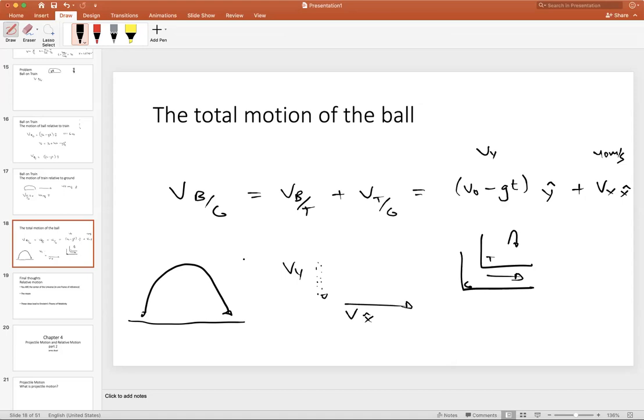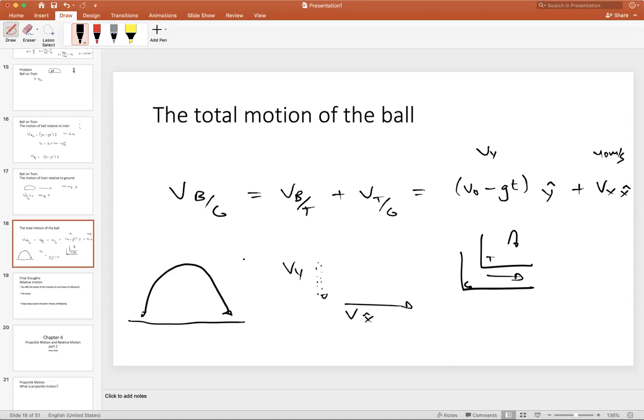You're both at rest according to the train, right? However, because I'm an observer and I'm on the ground, I also see that the train is in motion. And if I can see through a window, I would see the ball doing this parabolic path. So it's a combination because I've chosen a different rest frame.